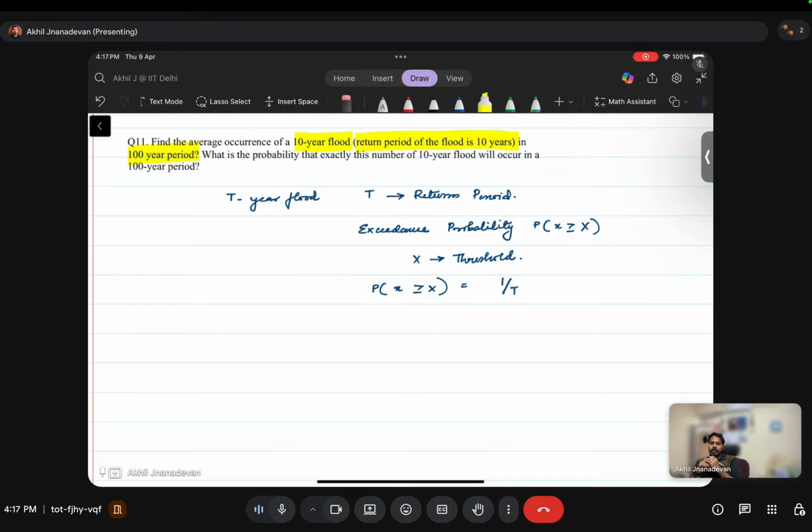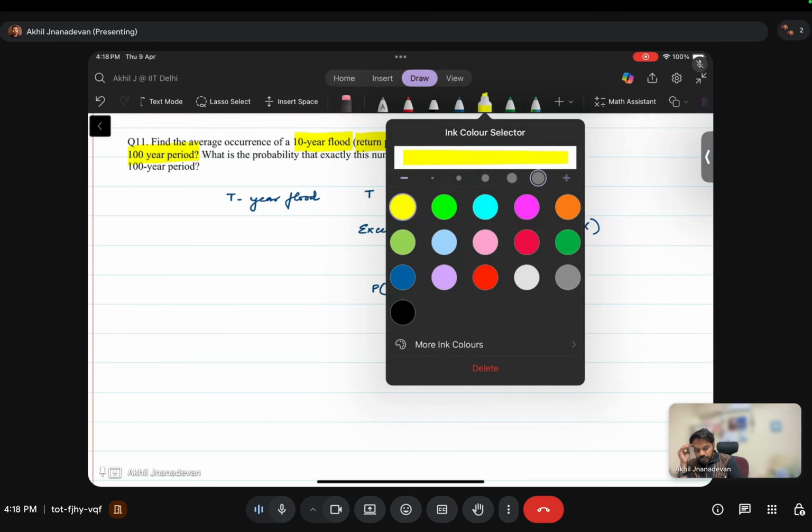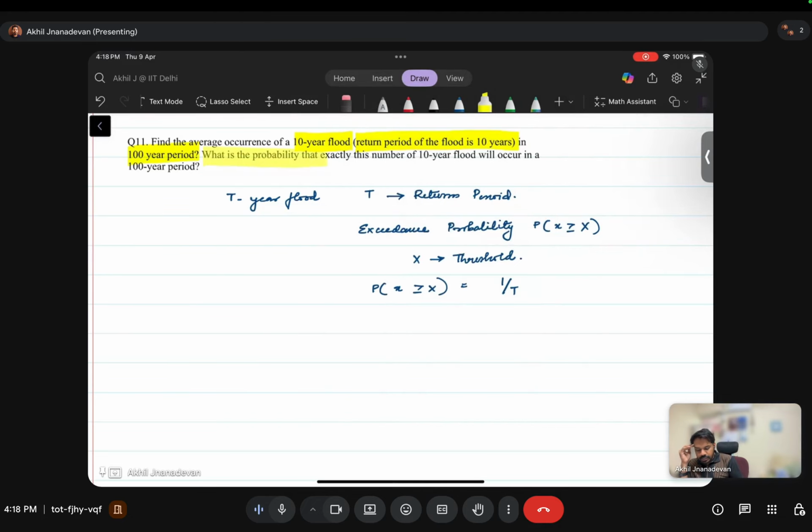Now we have a 100-year period, and we have to find the average occurrence in this period. The second part is: what is the probability that exactly this number of 10-year floods will occur in 100 years? So these are the two parts of the question: the average occurrence, and then the probability that this average number of 10-year floods will occur in 100 years. That probability we also need to find.